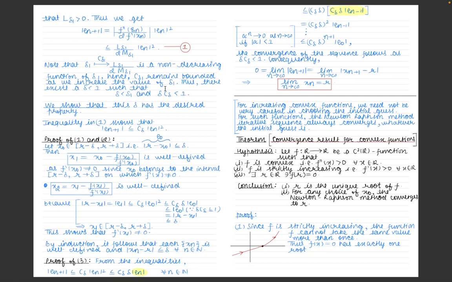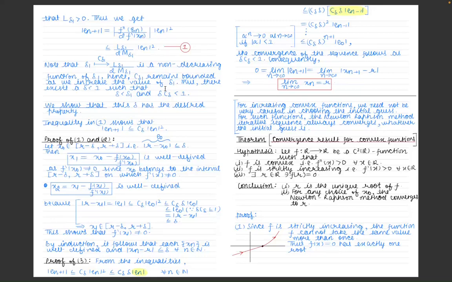Why? Because see, this particular thing was E naught, right? So E naught is less than or equal to delta, and this is less than or equal to E naught, correct?